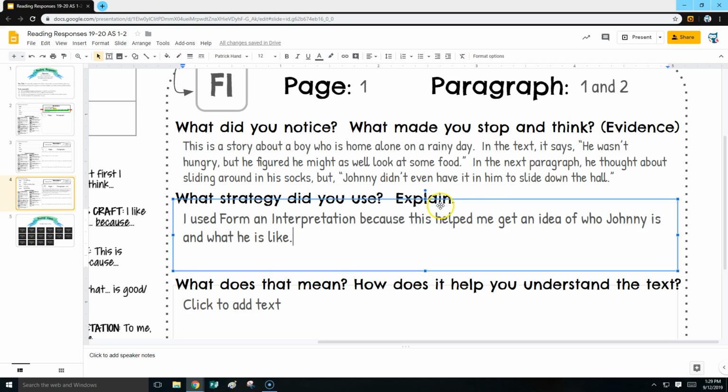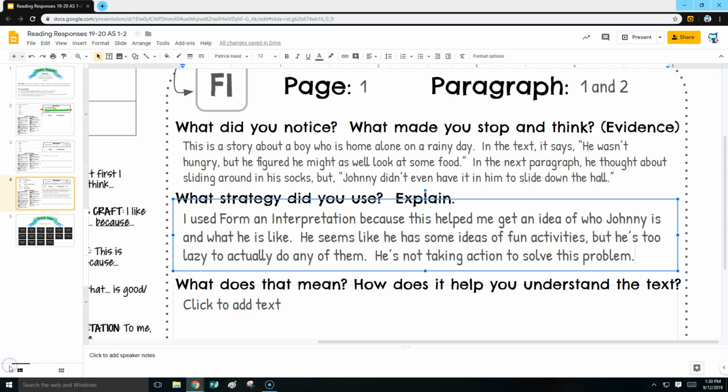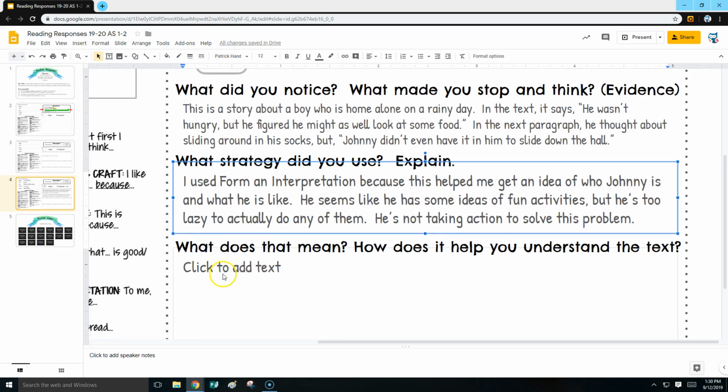Now I need to explain. Based on this evidence, it seems like he has some ideas of things that he could do, but he's just very lazy and he doesn't have much motivation. And so he's not really solving his problem. So I said he seems like he has some ideas of fun activities, but he's too lazy to actually do any of them. He's not taking action to solve this problem.